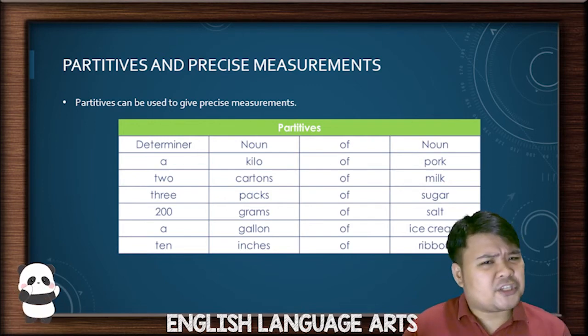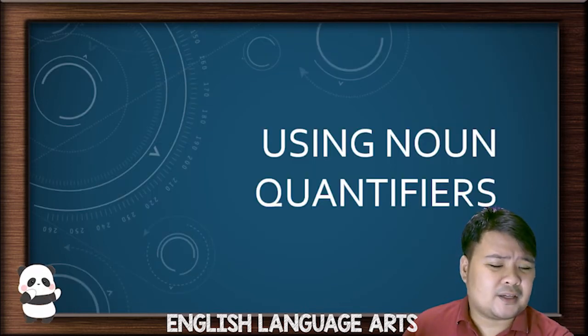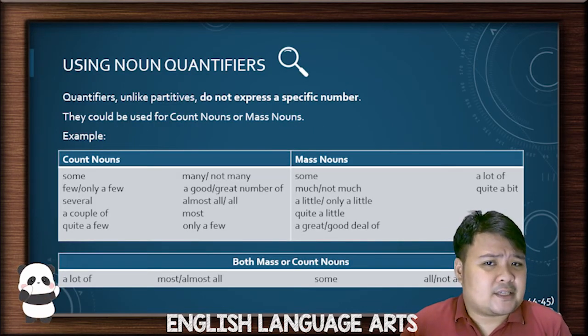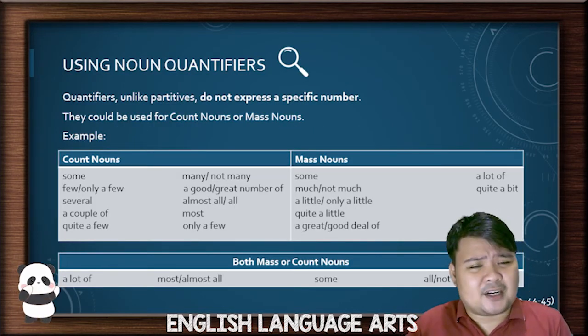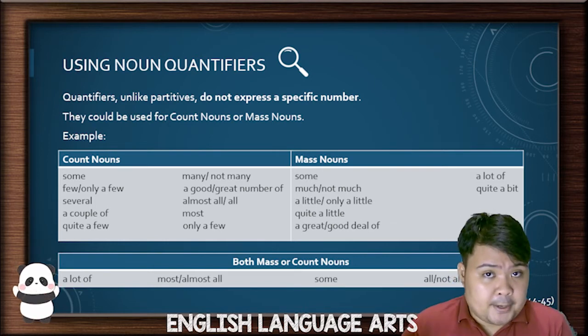Now, we mentioned a while ago another thing: noun quantifiers. What are noun quantifiers? Kids, quantifiers are unlike partitives. They do not express a specific number.